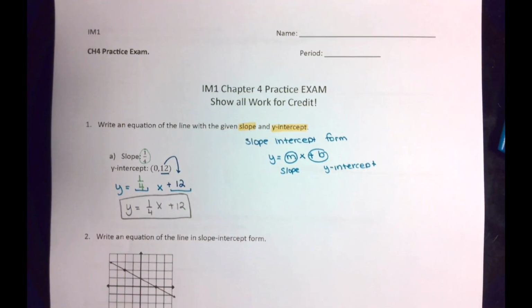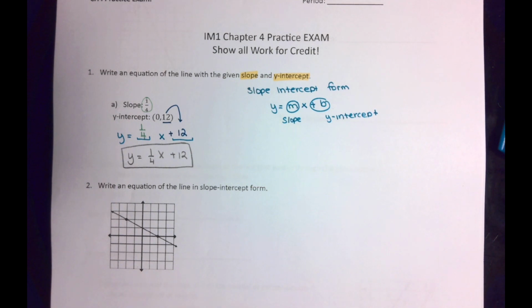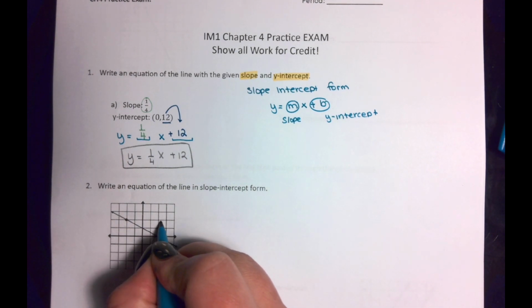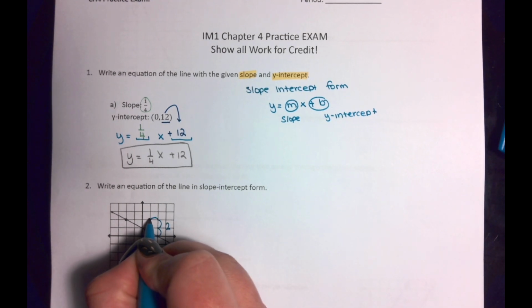For question number 2, it is also asking us for slope-intercept form. Here we have a choice. You can either use the slope formula or you can count slope. I'm going to choose to count slope. 1, 2, 1, 2, 3, 4.